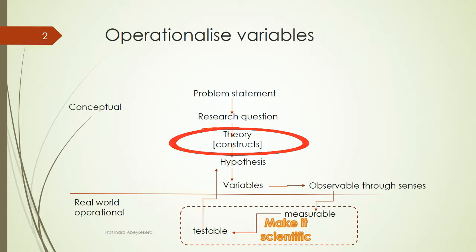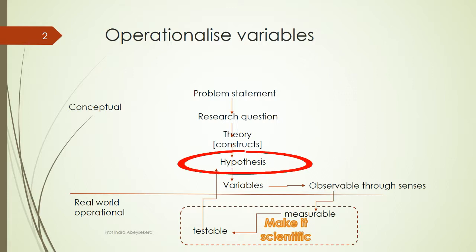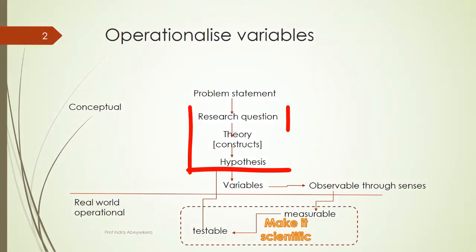The constructs become the basis for us to develop hypotheses. So the constructs are presented in the hypothesis. It is the general understanding in relation to the research question that we state as the null hypothesis.